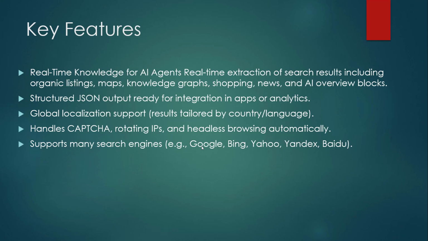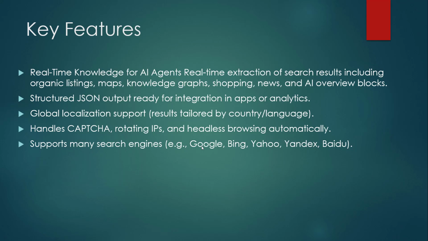It has a bundle of API endpoints with which we can get all the data our AI agent is looking for or whatever we want to scrape, and the data comes in a structured JSON output that can be parsed and used wherever we want.